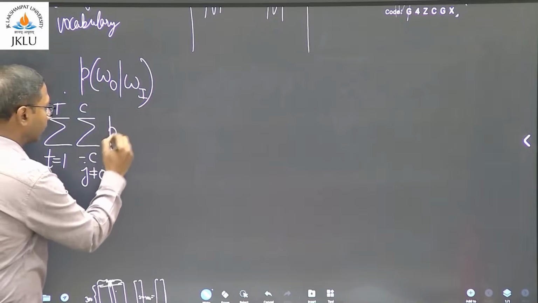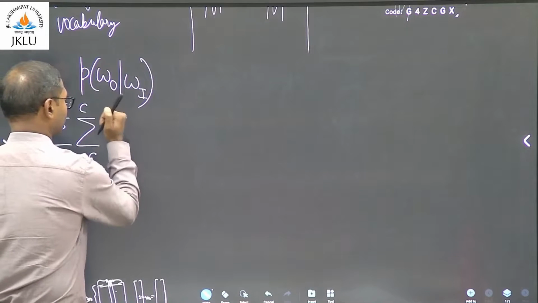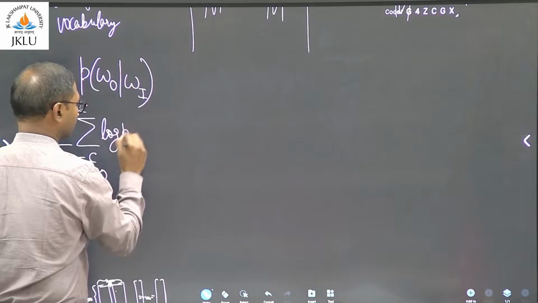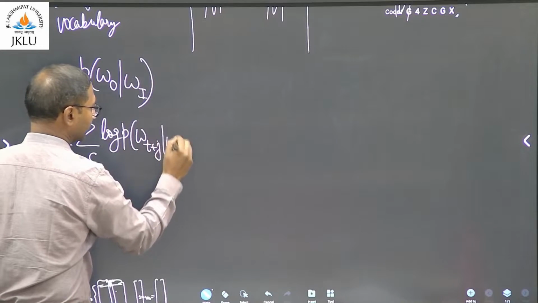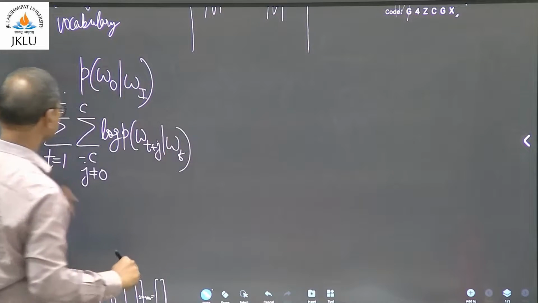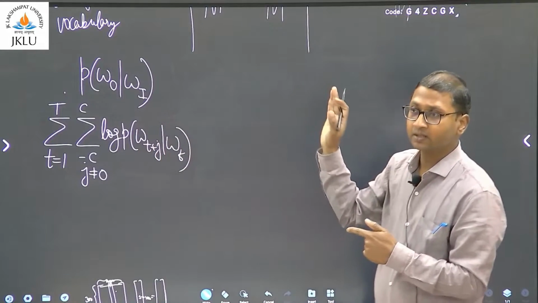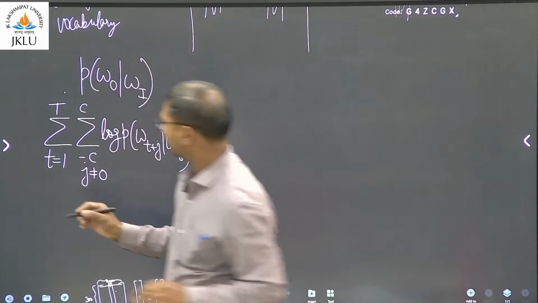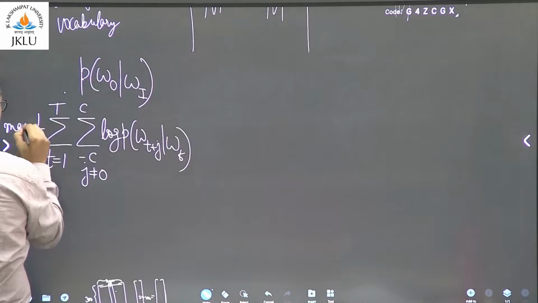And then I am going to do log of probability of w t plus j given w t. This makes sense? And then you were supposed to maximize this. Okay, there was 1 by T sitting here, and we are supposed to maximize this.